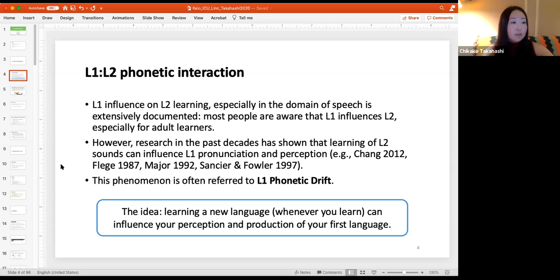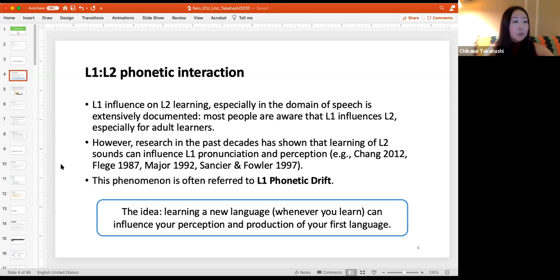This L1 influence on L2 learning has been extensively documented, especially in the domain of speech perception and production. So most people, even non-linguists, are aware that L1 influences L2.